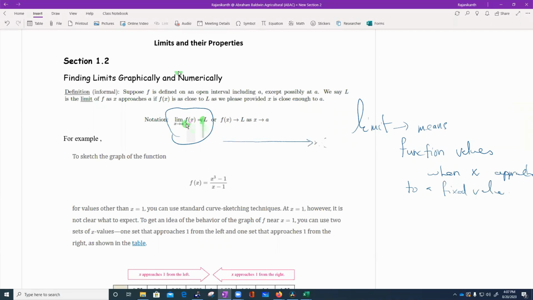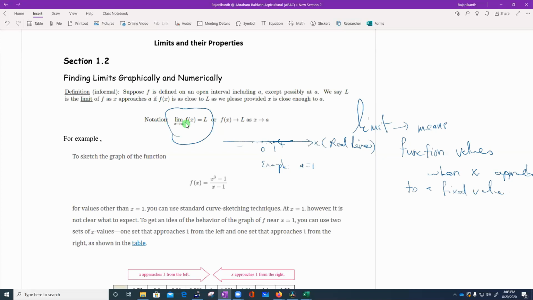your x is coming from the real line. 0 is somewhere here. Your x real number may be negative or positive, but for example, say a is 1. If you want to look at the function value when x approaches 1, this could be done in two different directions.